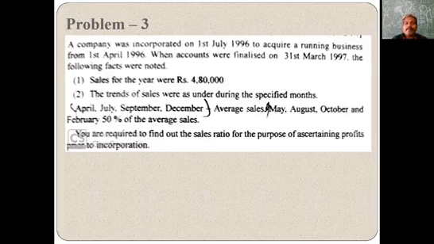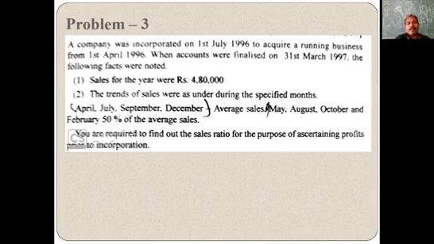With this information, we must find out the adjusted sales ratio. You are required to find out the sales ratio for the purpose of ascertaining profit prior to incorporation. The sales for the year was rupees 4,80,000 on the whole, but the trends of sales are given in different ways.